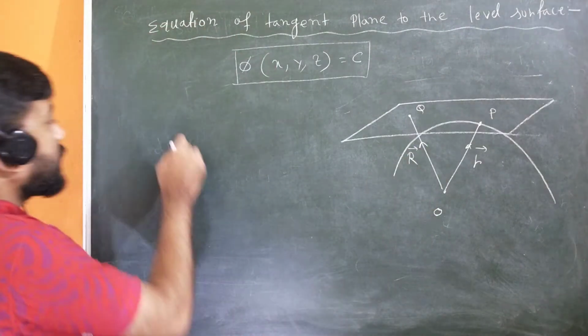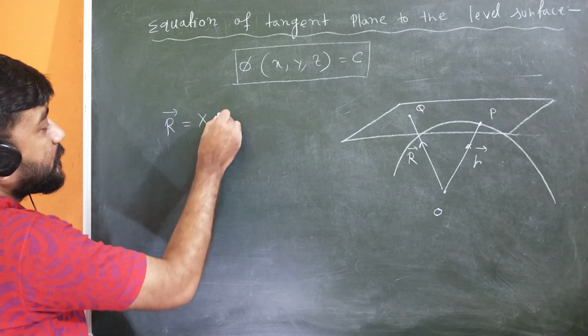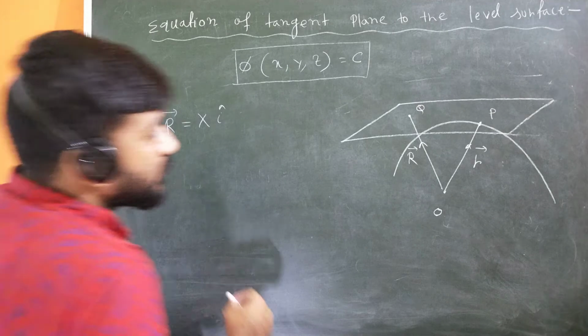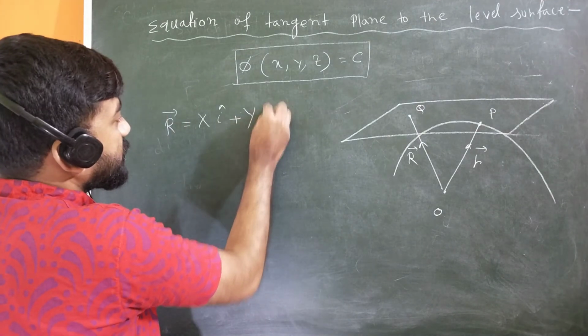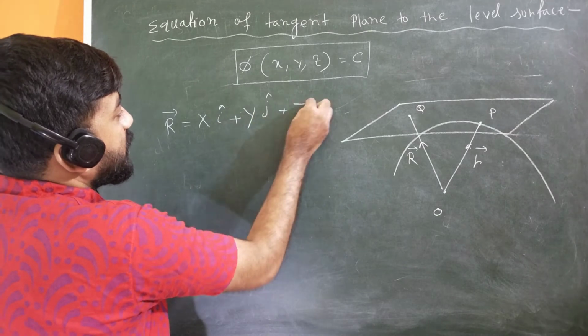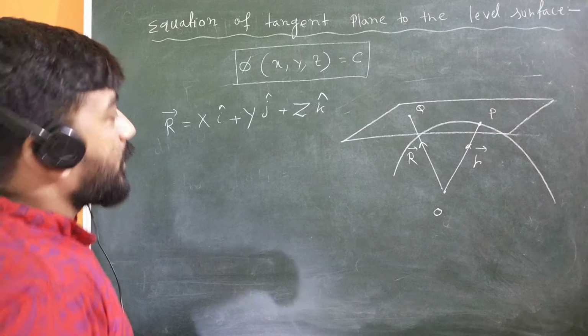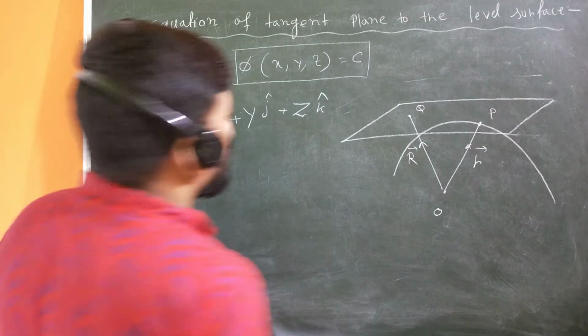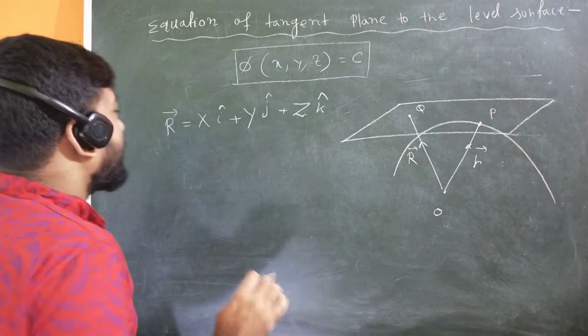Let me take this capital R in coordinate form as capital X i cap plus capital Y j cap plus capital Z k cap. Or, in place of capital X, Y, Z you can always write small x, y, z, so that will be better, I think.